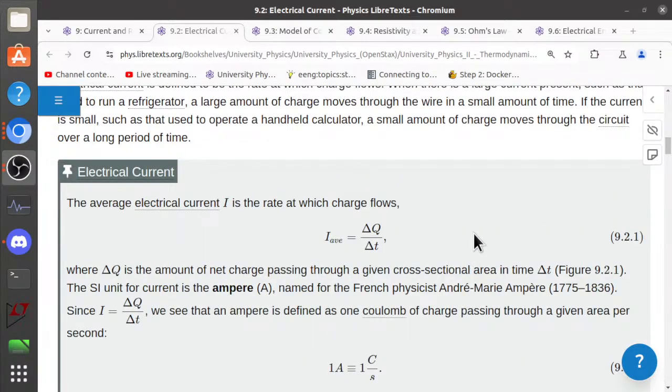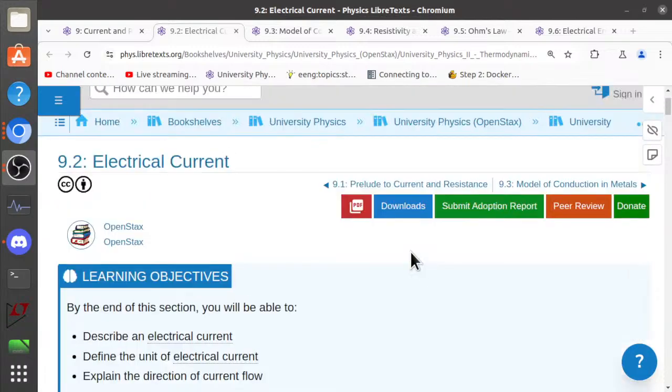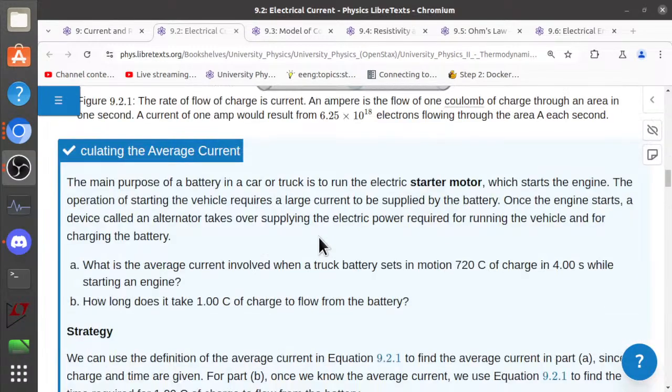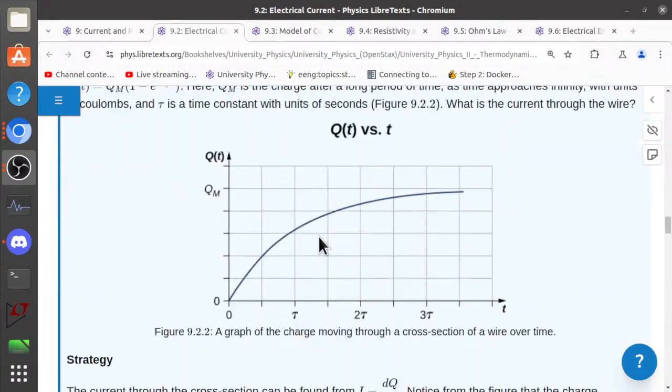In general, this might change over time. For example, you see this here. This is a charge which is transported, so this is a charge over time. We will see later that this is the charging curve of a capacitor. So what you can see is there is something which collects charges.